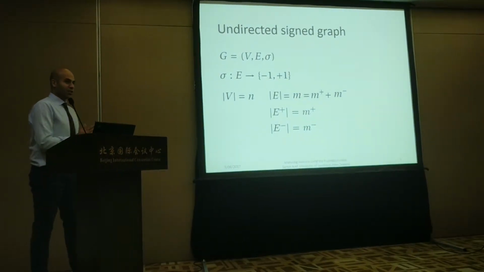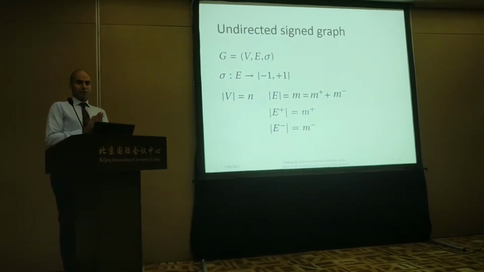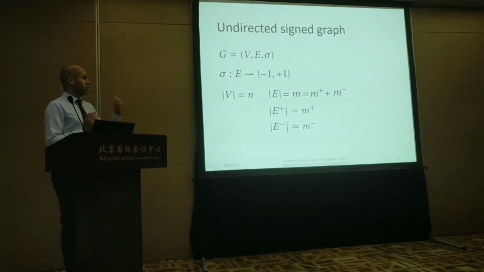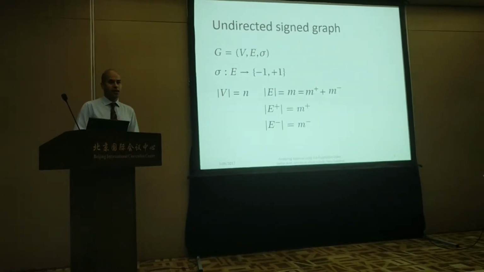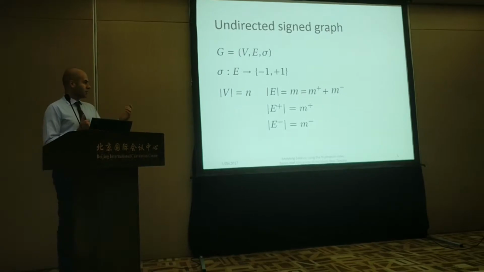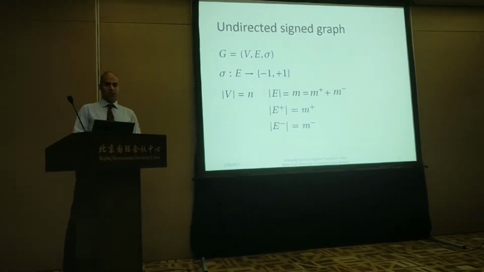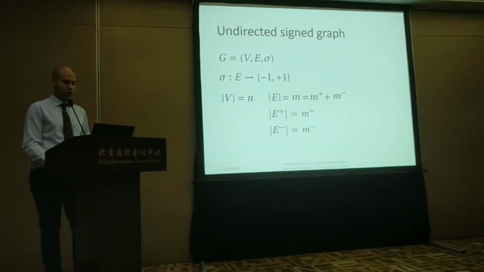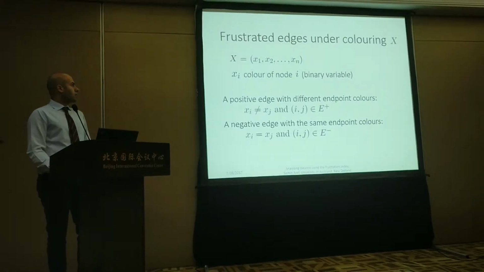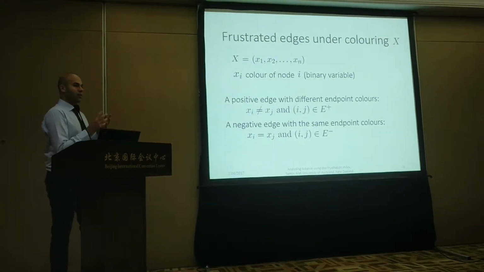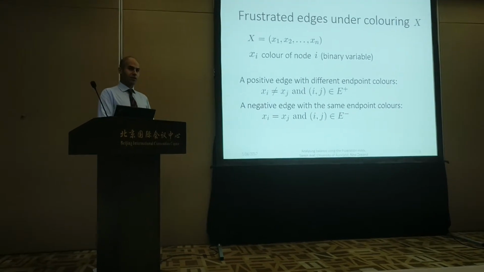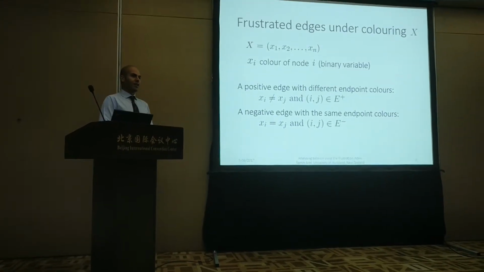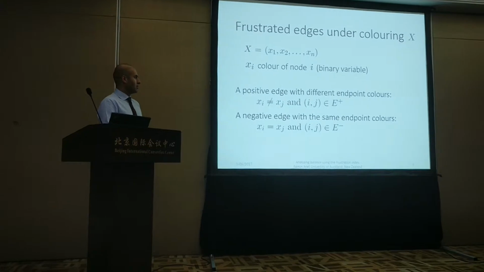So here is the notation we're going to use. We represent the graph with G, the set of vertices with V, and the set of edges with E. We have sets of positive edges and negative edges, E plus and E minus. So we need to define the frustrated edge. The edge we saw, the friendship between those two people, is essentially a frustrated edge.